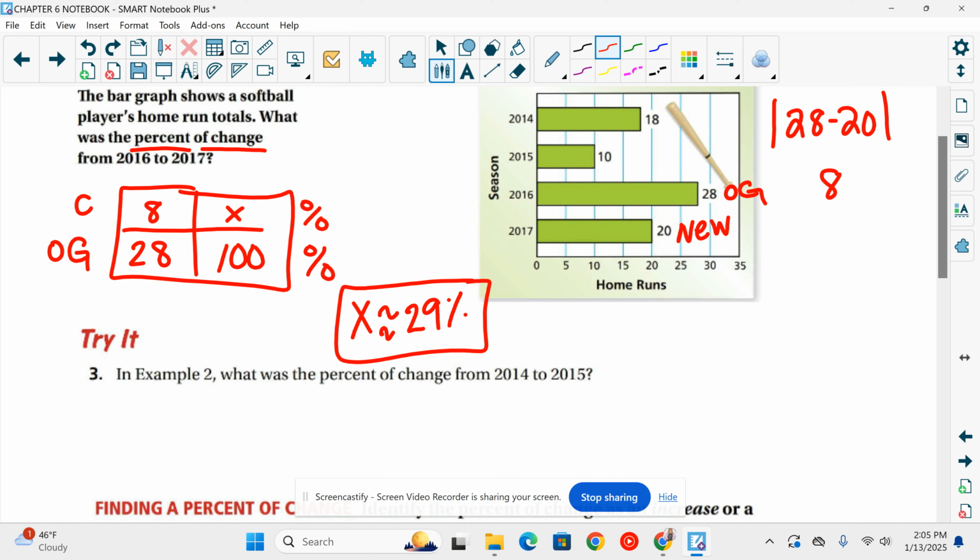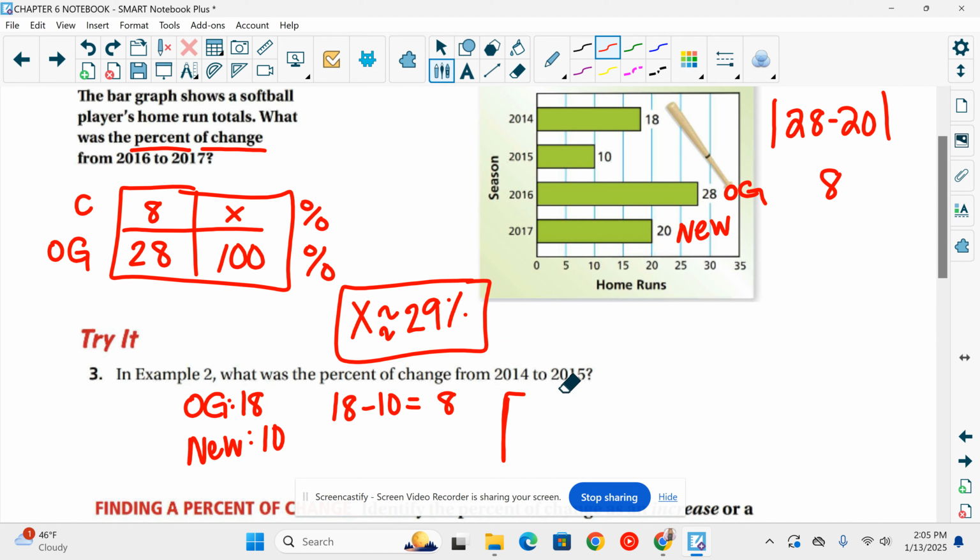Home runs, yeah, so your OG was 18, your new was 10, so your change, when you did 18 minus 10, you got 8.